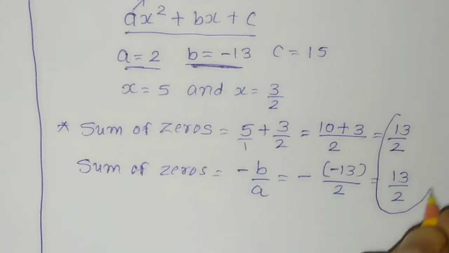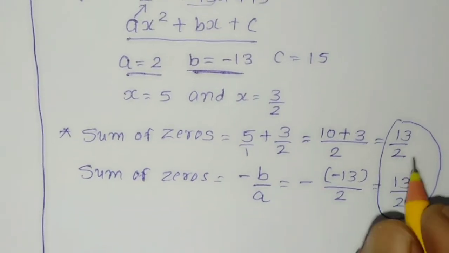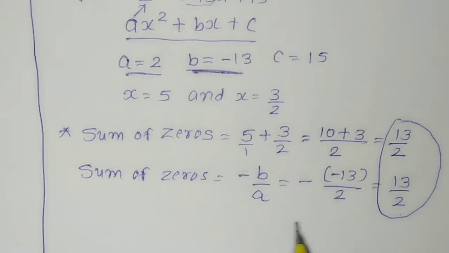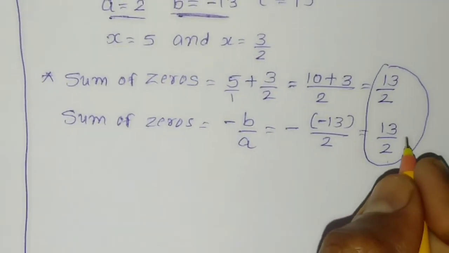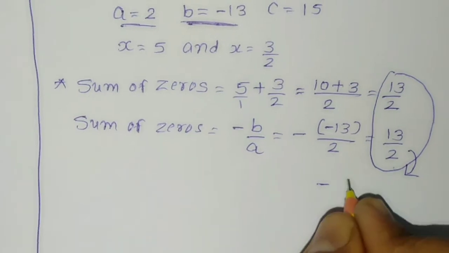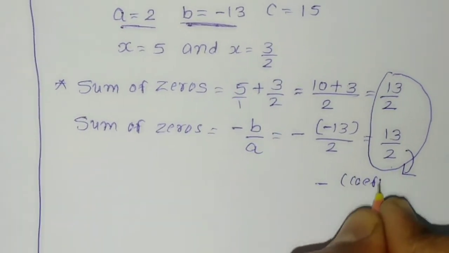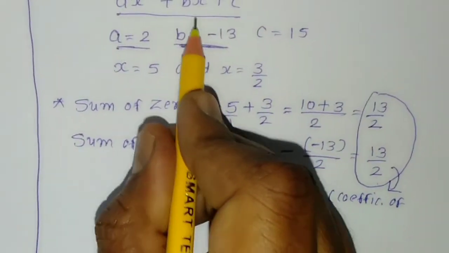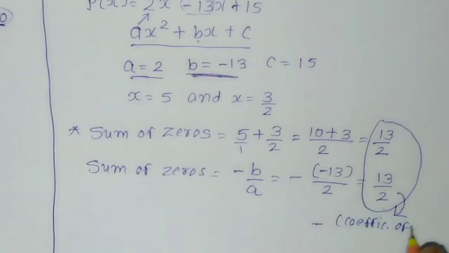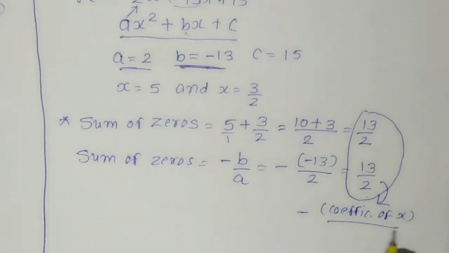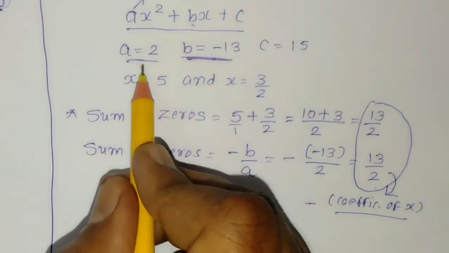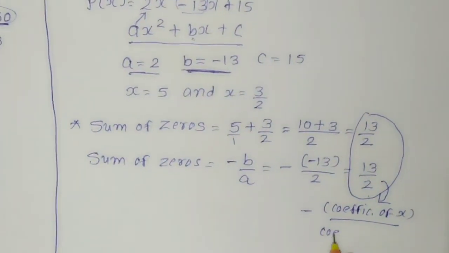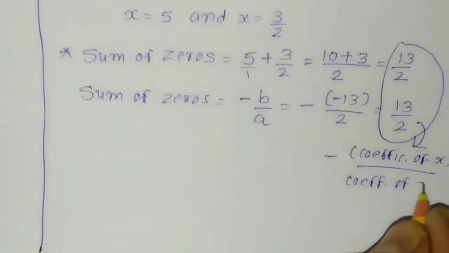You can see we have compared: minus 13 is the coefficient of x, as b is the coefficient of x, so we write coefficient of x upon a, that is 2. 2 is a, it's the coefficient of x square, so I should write it upon coefficient of x square.